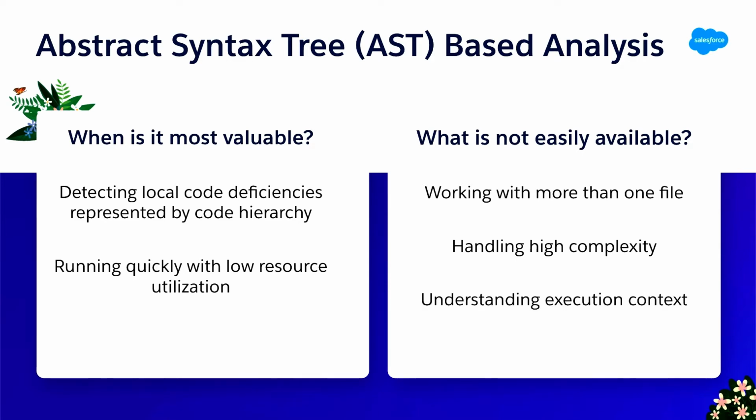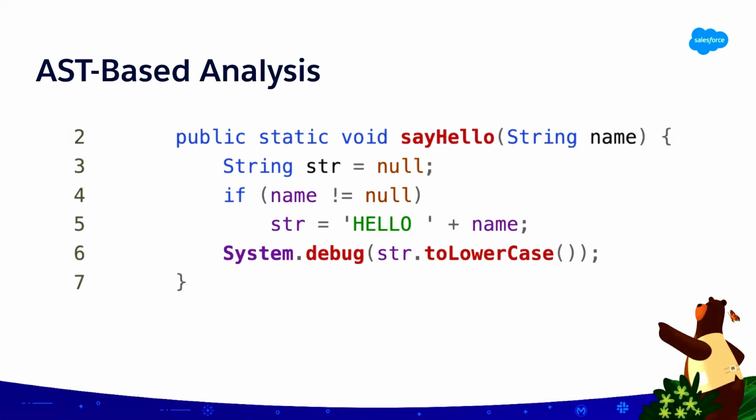Also, we have cases where a specific method behaves differently depending on the context in which it is invoked. A specific context can create this issue, and another context does not create this issue. Let me give you an example to elaborate that better. I have a simple piece of code with a sayHello method that takes in a name.